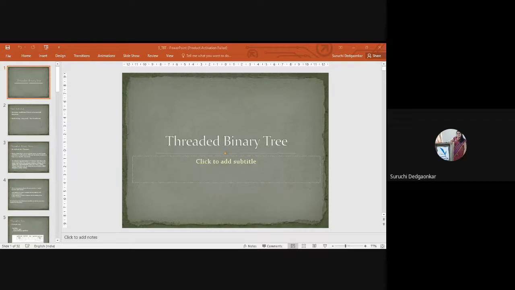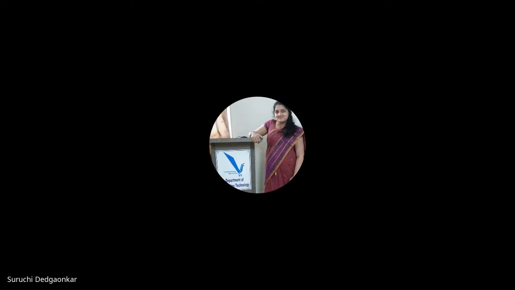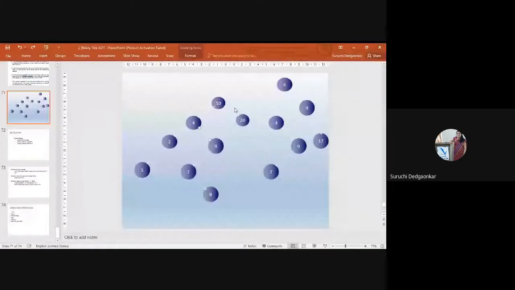And one more thing is, I'll go to the previous slide again and tell me, for this particular tree which I'm showing you, how many nodes are there in this tree?